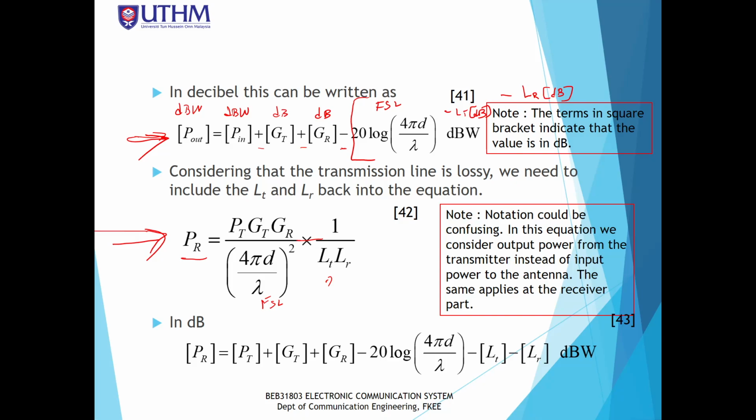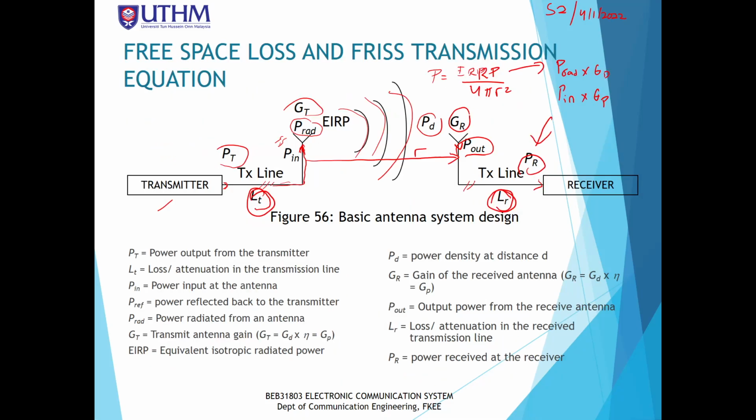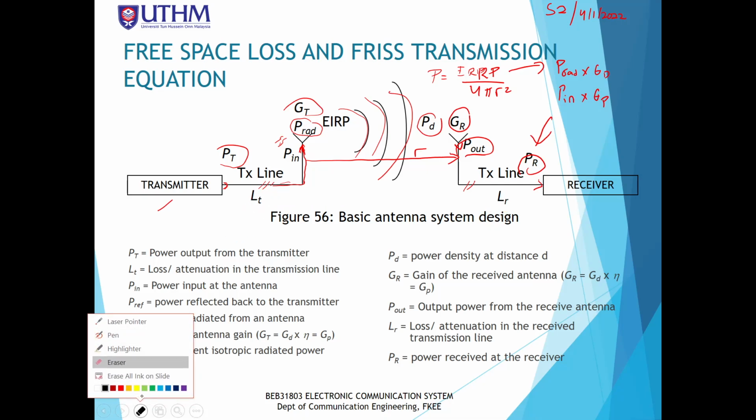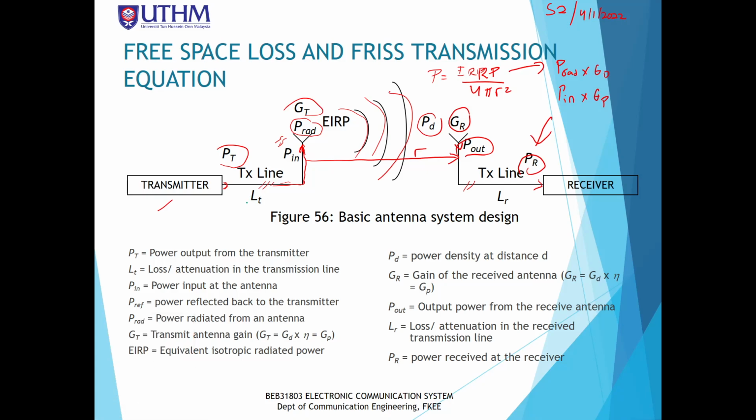If you see the picture here, if we assume there is no LT and no LR, that means the output power is the same as the power received by the receiver, because there are no other losses other than the free space loss.